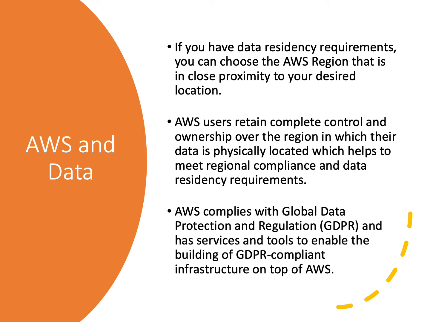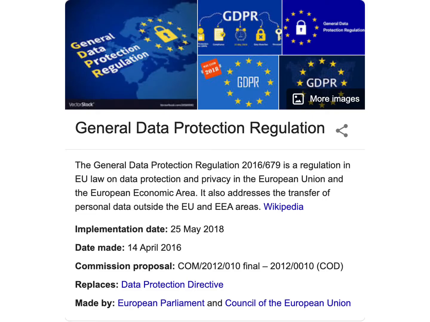And so AWS has compiled a set of services and tools that allow you to comply with global data protection and regulations. They've built this all up so that you can build a GDPR compliant infrastructure on top of AWS.